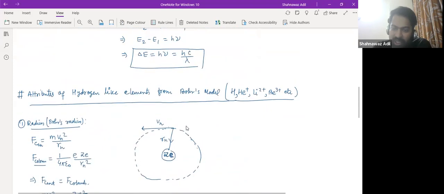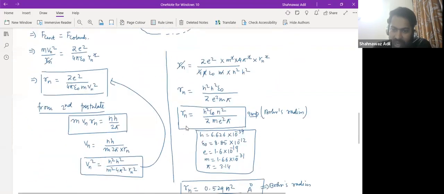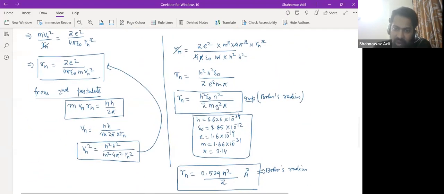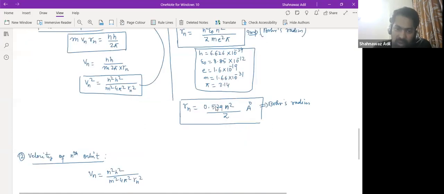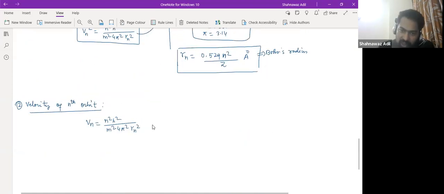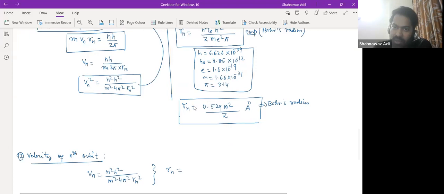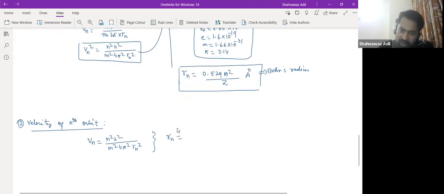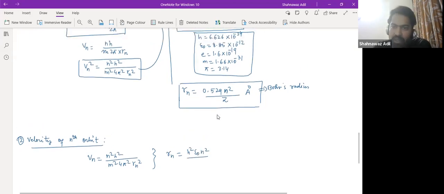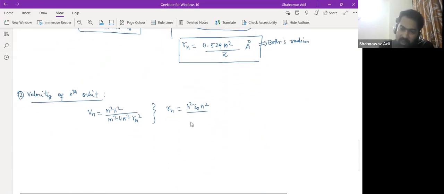Then we will put the value of this Rn from here. So Rn is how much? Let me write this down in here. Rn is h square epsilon naught n square divided by pi Z m e square.